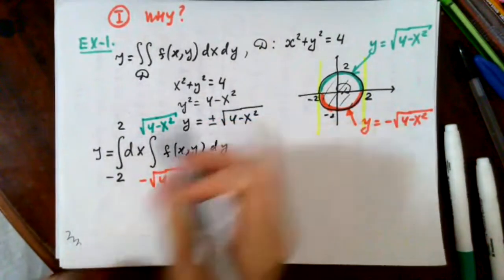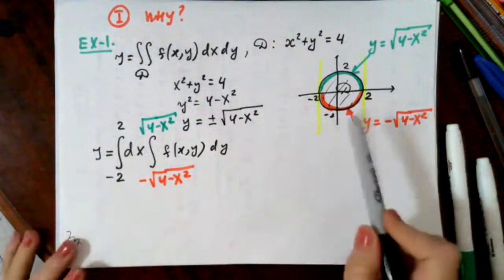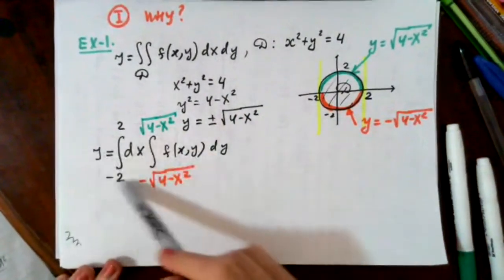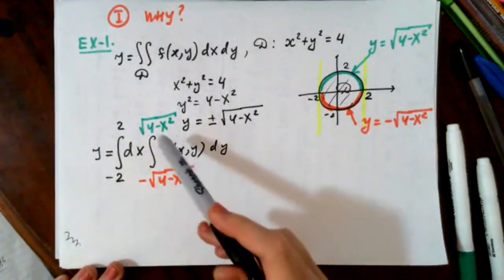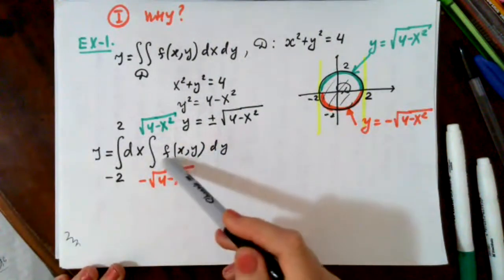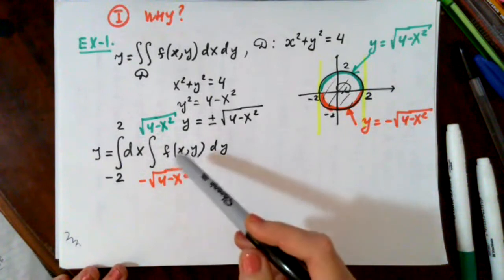So you might ask me, what's the problem there? It doesn't seem like we had any difficulty writing down this repeated integral. But you know what? The difficulty lies in the integration process. When these terrible square roots are involved in your calculations, it means that the integral will be super hard.